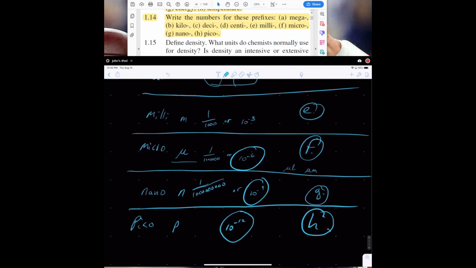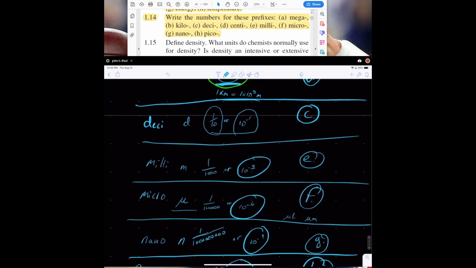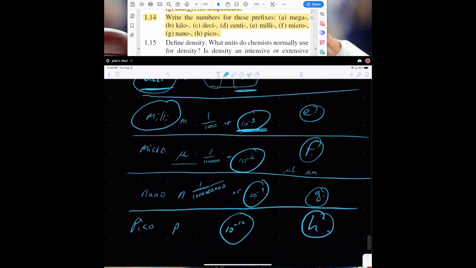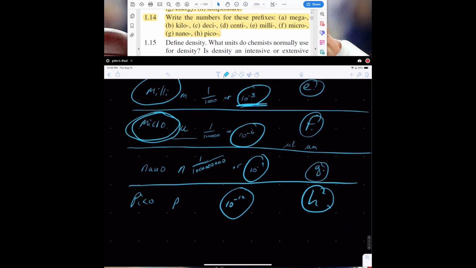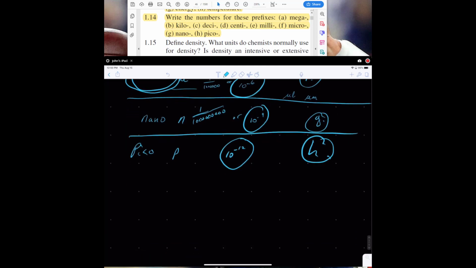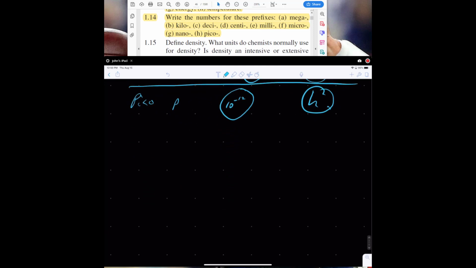So we gotta get used to using these prefixes, or associating these prefixes with each of these numbers here, because we're gonna start dealing with a lot of conversions coming up in these next couple of questions. Or actually, there's a lot of questions that are going to be conversions. There's 81 questions in this chapter, and we're on question number 14. So that's why we're going through some of these more basic questions in the beginning, just to understand these underlying fundamental concepts as we move forward.